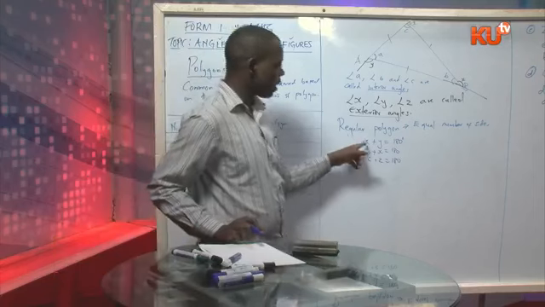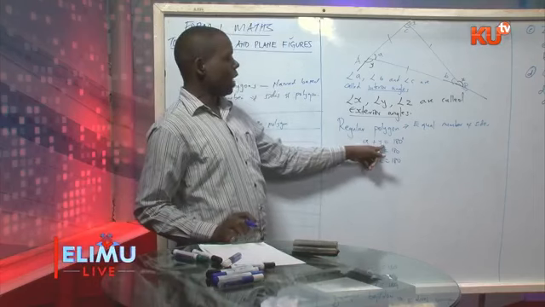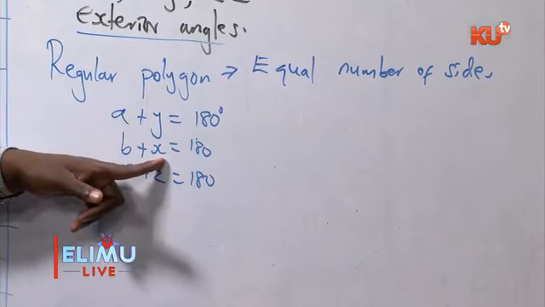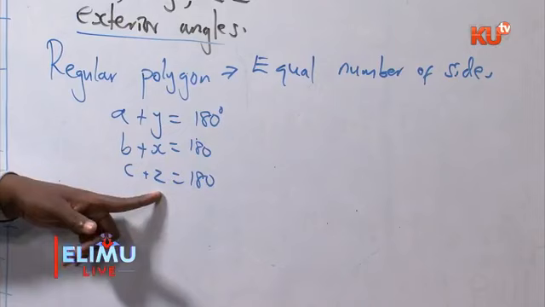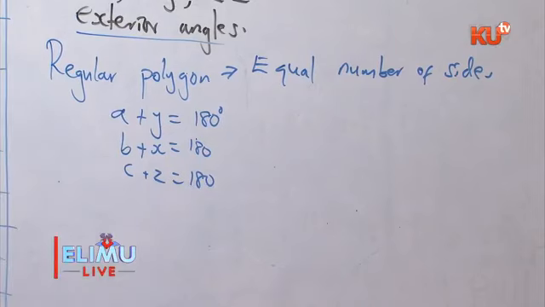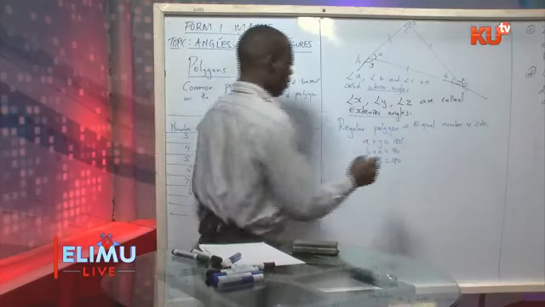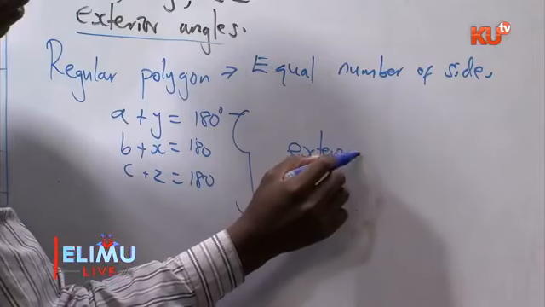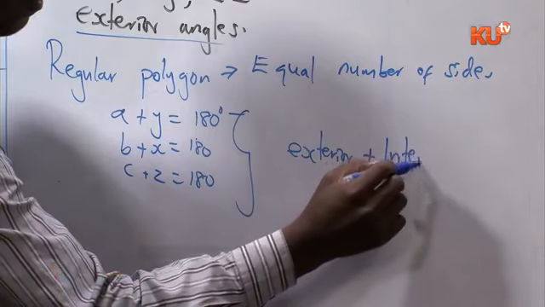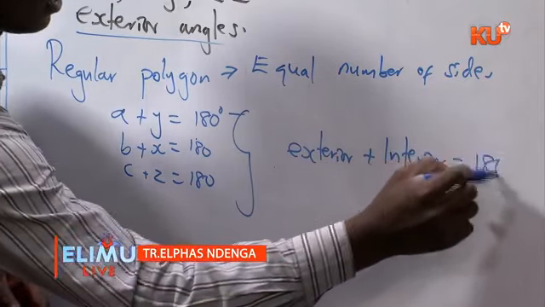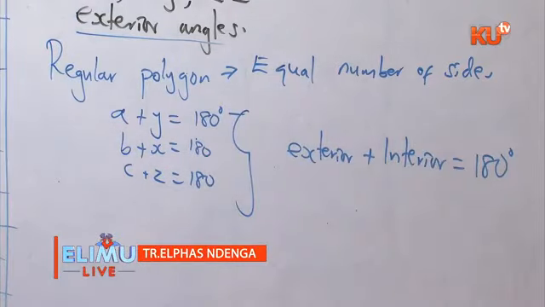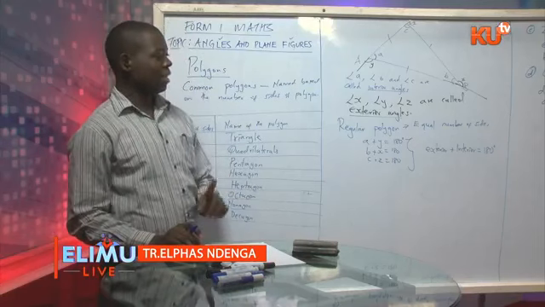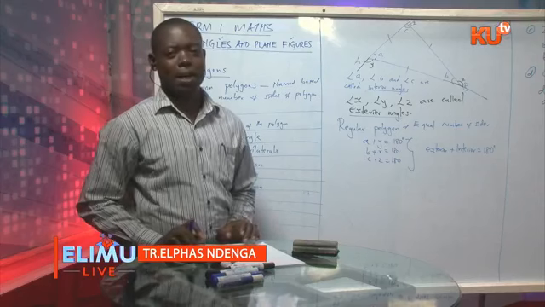It is very simple: A is an interior angle, Y is an exterior angle. B is an interior, X is an exterior. C is an interior, Z is an exterior angle. Therefore, if you take an exterior angle plus an interior angle, you'll always get 180 degrees for all regular polygons. That is, the exterior and the interior are supplementary.